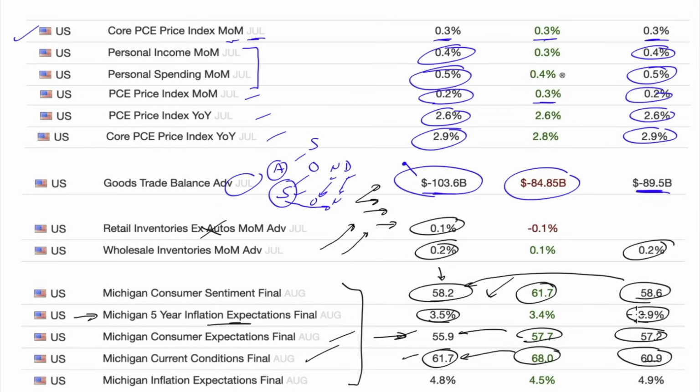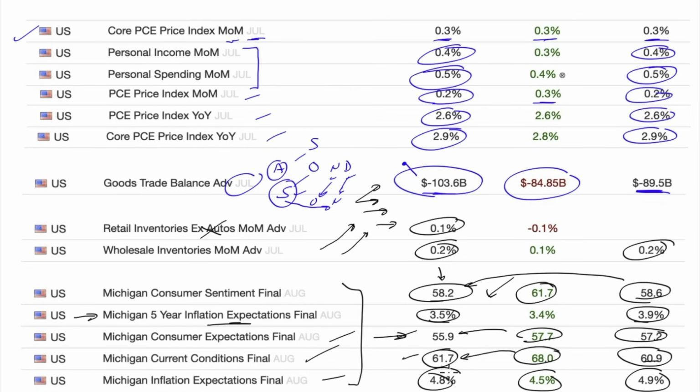In that sense, I'm not sure it's well thought out in terms of all of the moving levers in an economy. And inflation expectation, this is just for the year ahead, 4.8, lower than the 4.9, but up from the 4.5. That's our backdrop for the week.